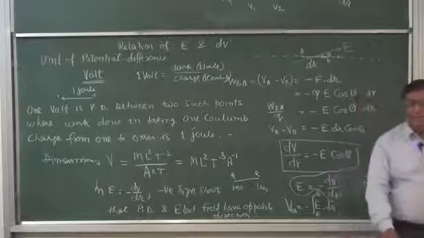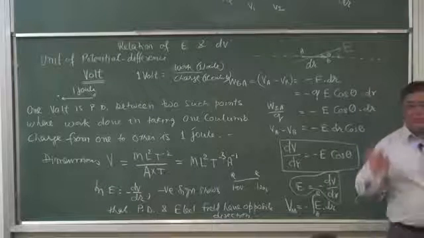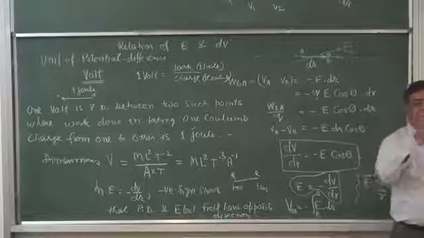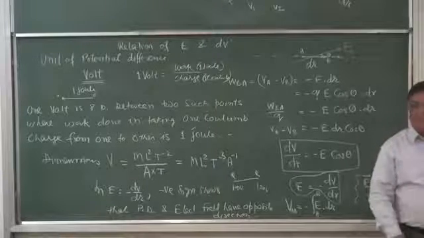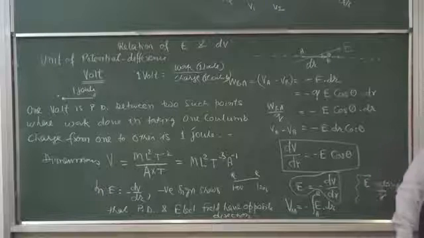Now we will see if in a place there are more than 1 point charge. There may be 2 charges, there may be 3 charges, there may be a system of charges.